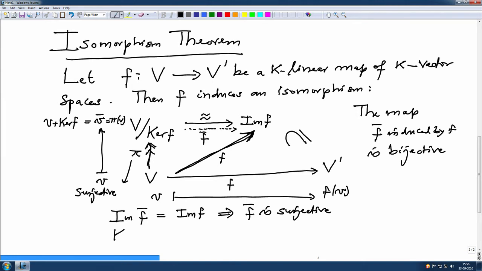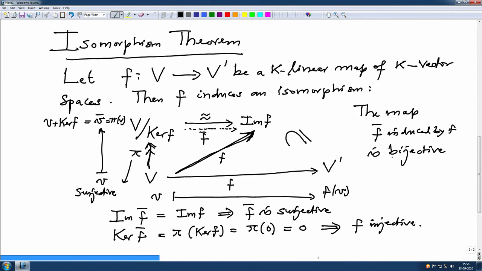Kernel of f bar is pi of the kernel of f, but pi of kernel of f is the 0 element here. This is pi of 0, which is 0. So, we have checked that, therefore, f bar is injective.